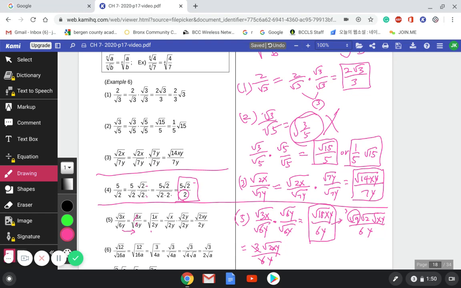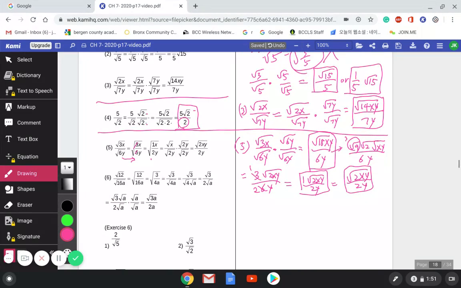And 3 goes into 3 once, 3 goes into 6 twice. So you end up with a 1 square root of 2xy over 2y, or just square root of 2xy over 2y. Okay, so you can write it like this or like that. Whichever is easier for you, you can do that.